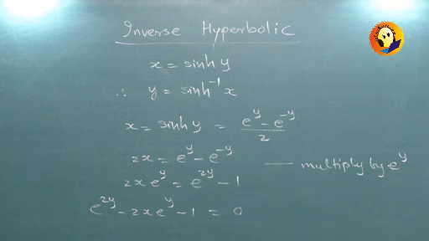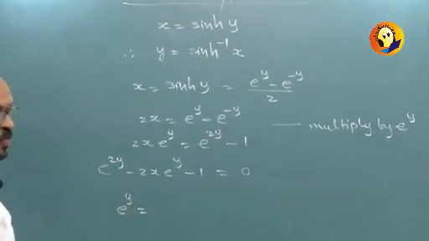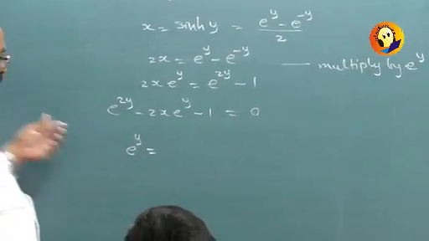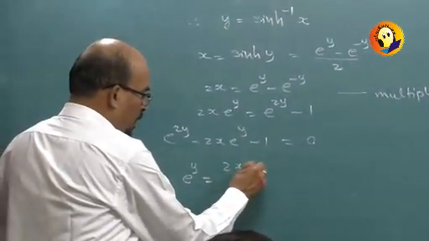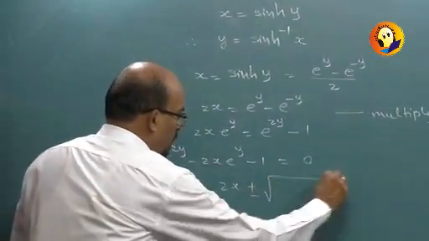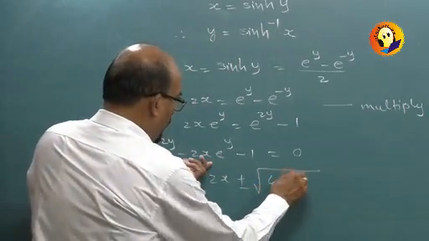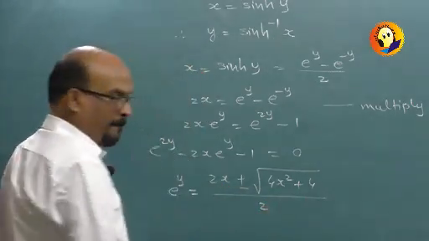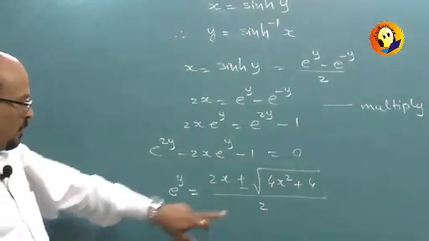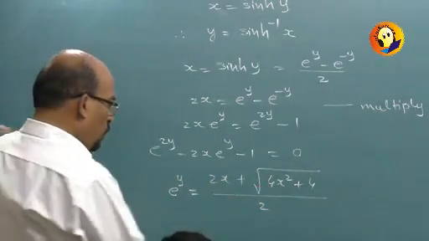Right? And so using quadratic formula, e raised to y will be, what is b? Minus b, that is 2x, plus or minus under root b square minus 4ac, so 4x square plus 4, upon 2a. We just ignore this minus sign and we cancel 2 throughout.